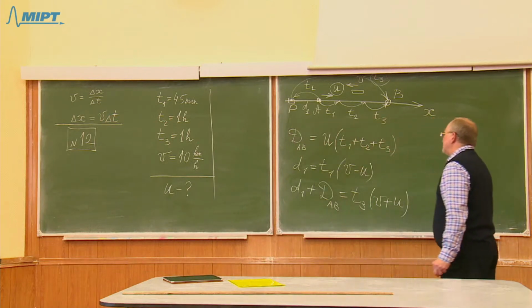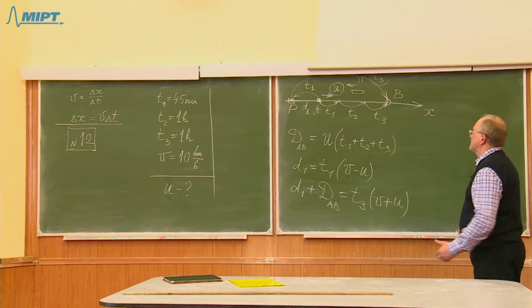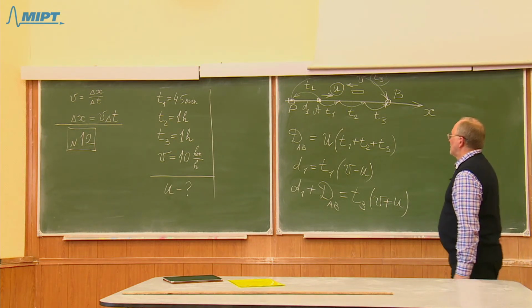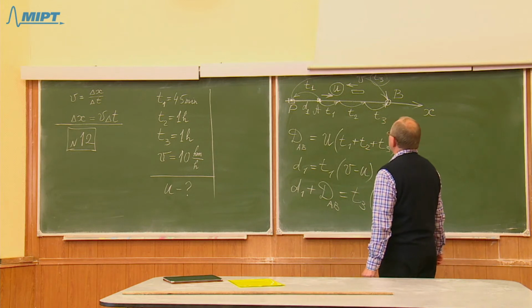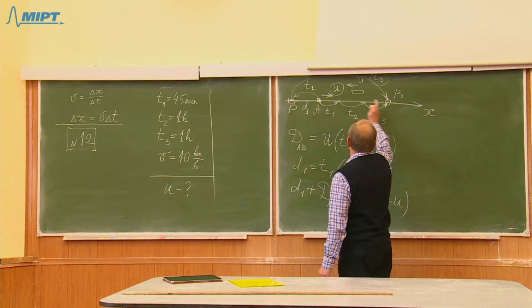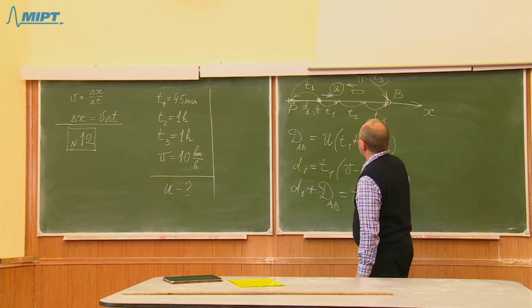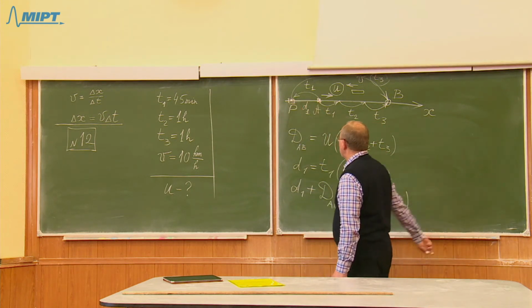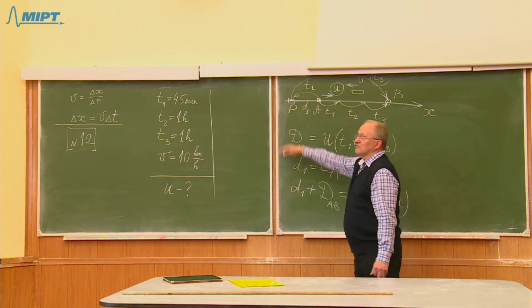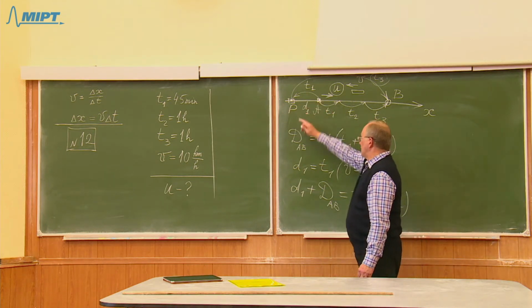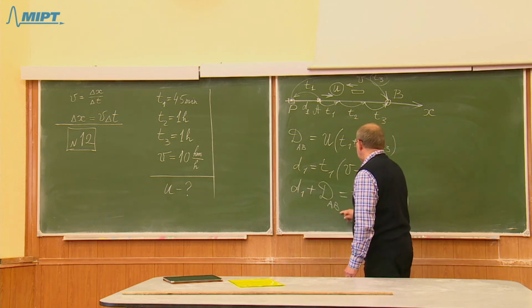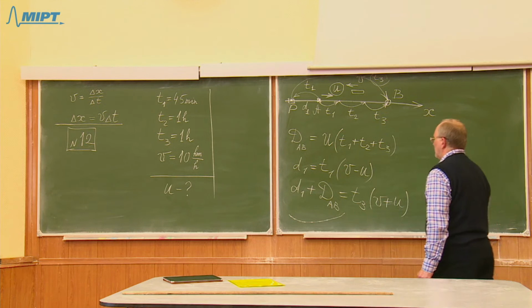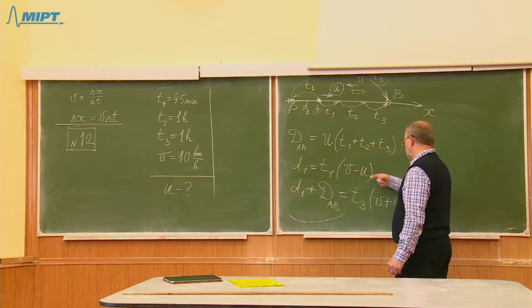So we have taken into account all the processes that took place in this problem. We have expressed distance AB traveled by the raft. We have expressed distance d1 traveled by the motorboat against the river stream, upstream, and we have expressed the distance traveled by the motorboat down the river stream with different velocities.